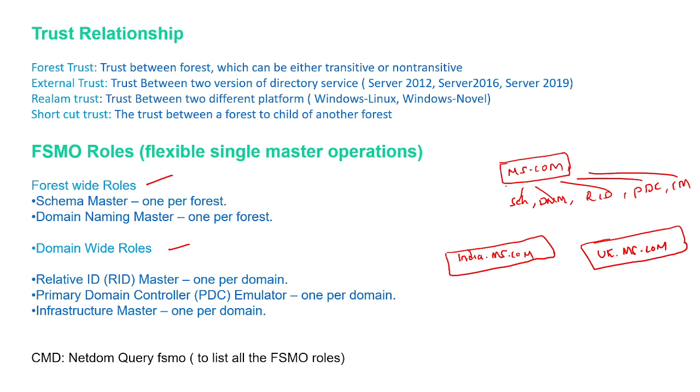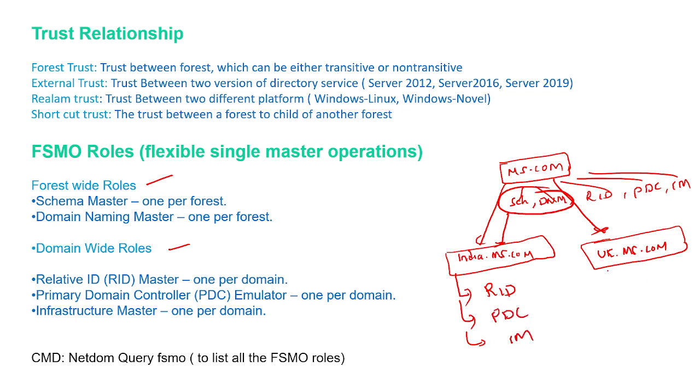But these are all child domains, correct? Since these are all child domains, the forest-wide roles I told you about will come from the top level, microsoft.com. This means the domain naming master and schema master will come from there, and each child will have only three additional ones. The domain-wide roles will be there: RID master, PDC, and infrastructure master.